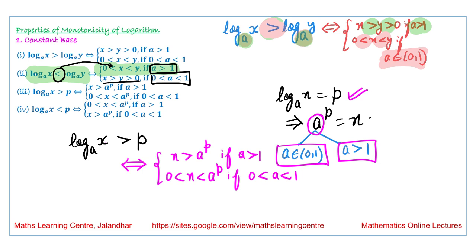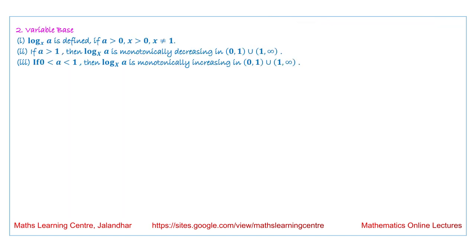Similarly, the last result we have is log x to the base a is less than p. This is for these two cases. So you must remember these inequalities, how the log function behaves when the bases are the same on both sides. We have the constant.